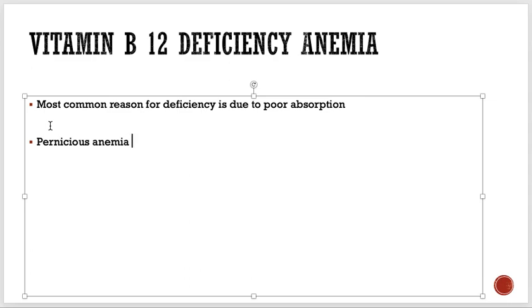So what is going on in pernicious anemia? There is basically defective intrinsic factor production. When there is no intrinsic factor, of course there will be no absorption, right?